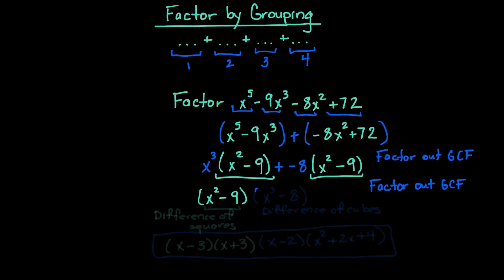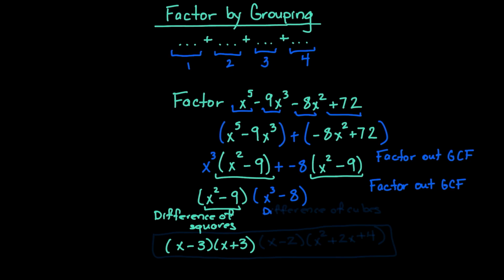And we're left with x cubed minus 8. And now x squared minus 9 is a difference of squares. And it's going to factor into x minus 3, x plus 3. You know where to find the video if you don't know how to go from one step to the next.